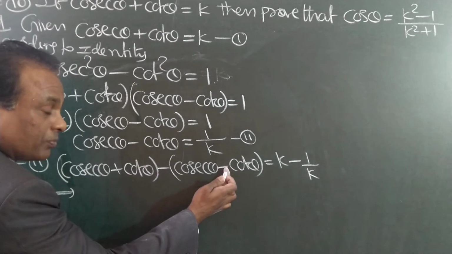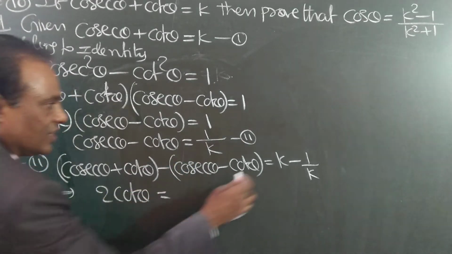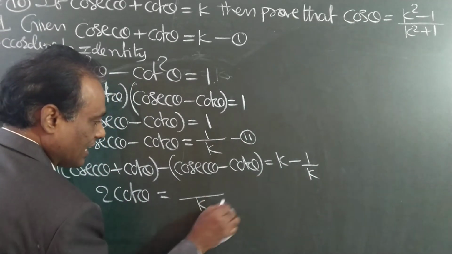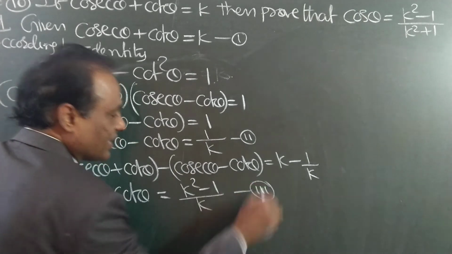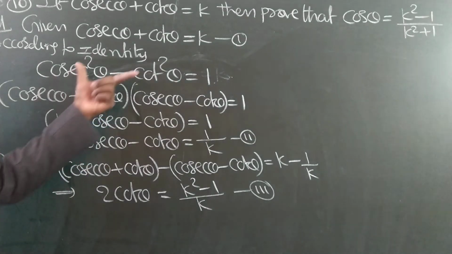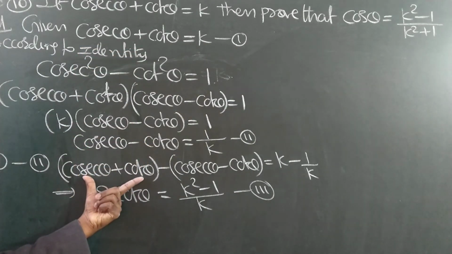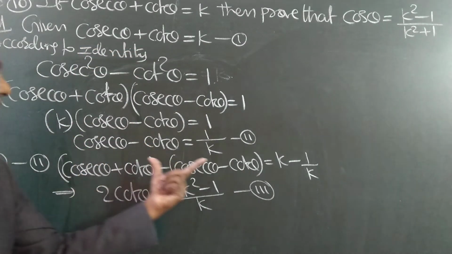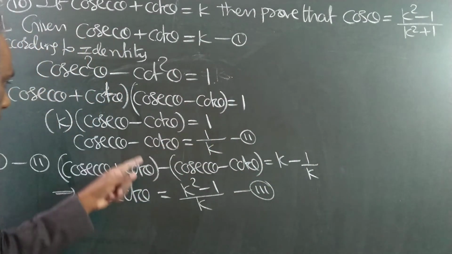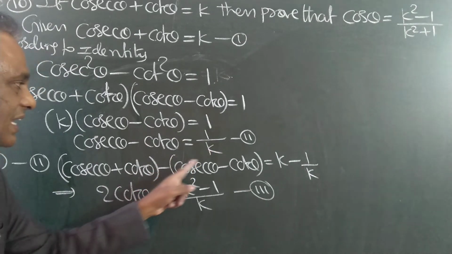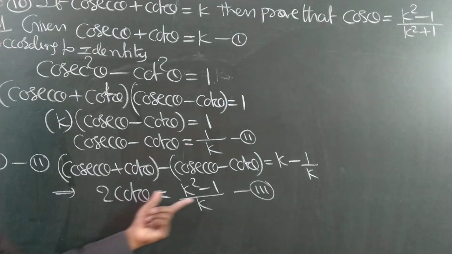Minus into minus plus cot theta, cot theta plus cot theta, 2 cot theta, is equal to, LCM is k, k into k, k square minus 1 by k. This is the third equation.